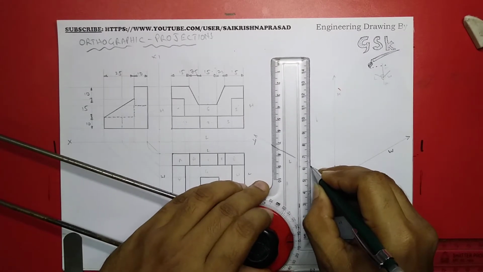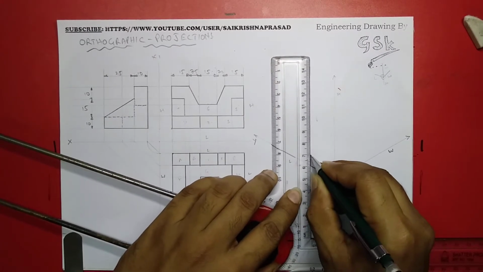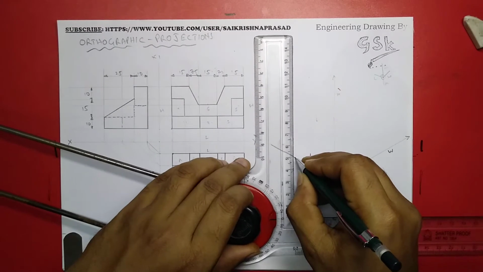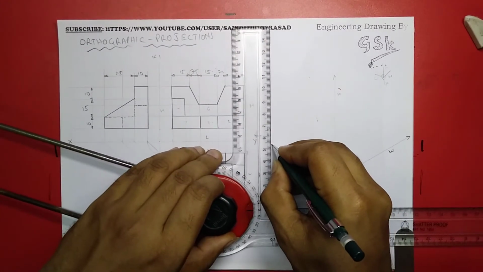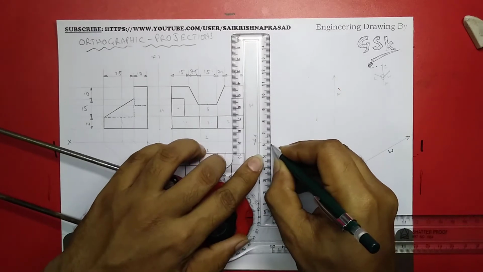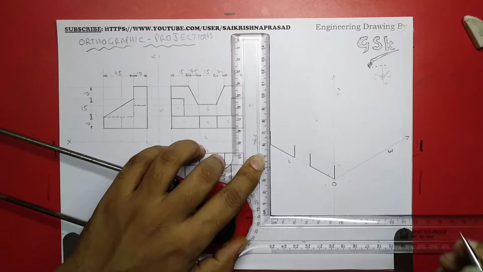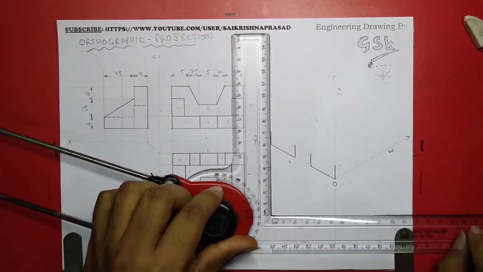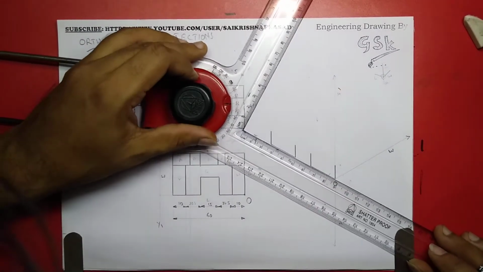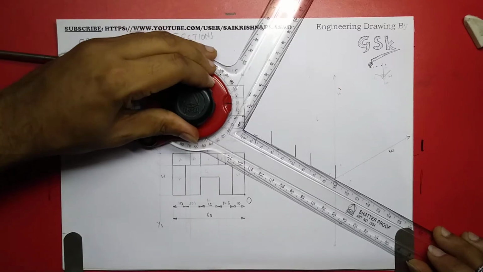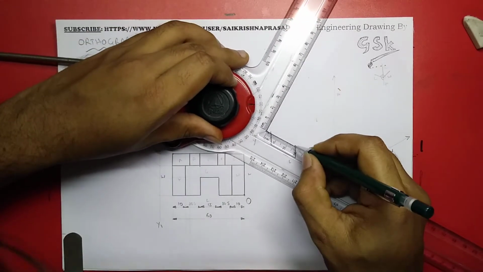Here also 10. Here 10. Here 10. Next I'll keep for the length, and I'll close this.